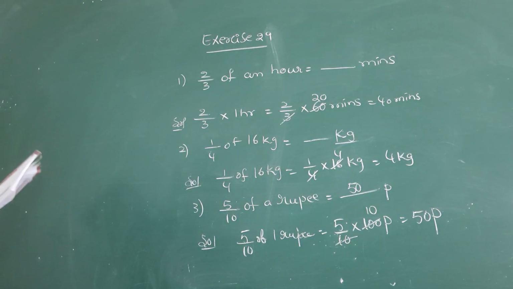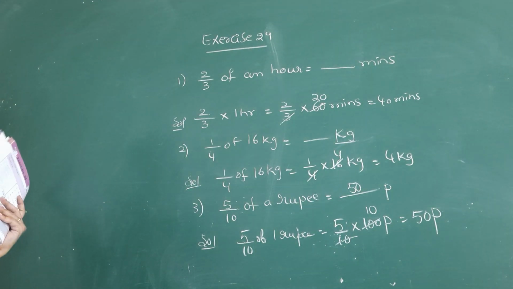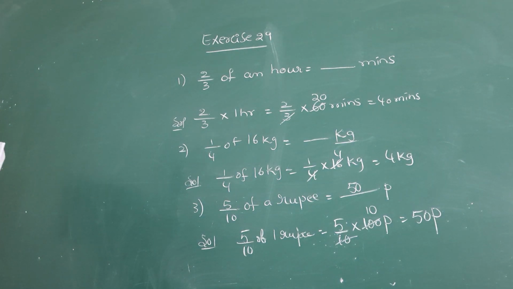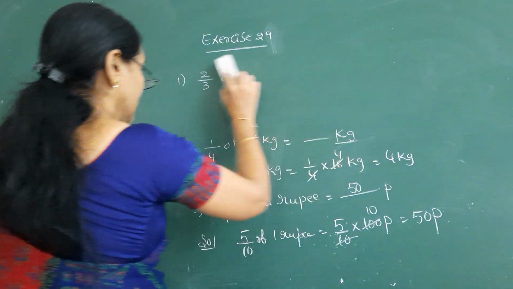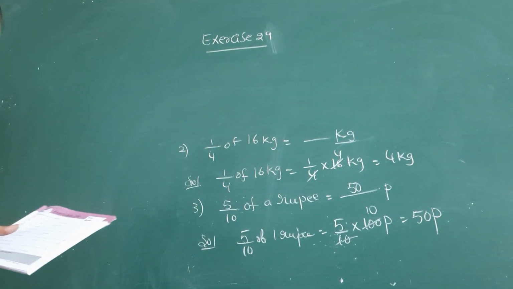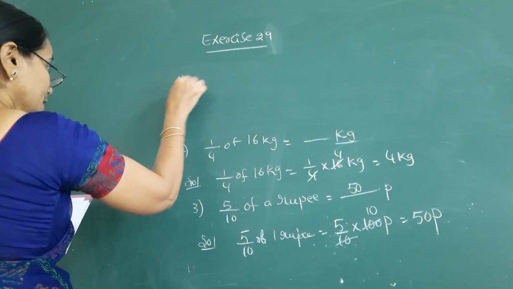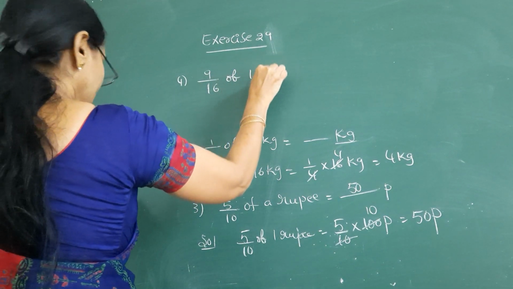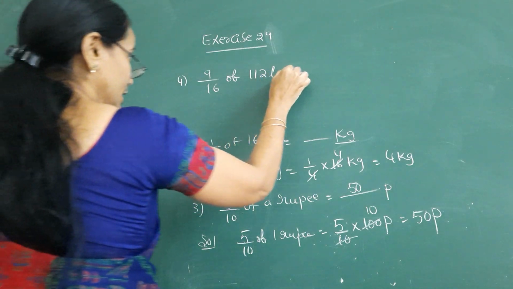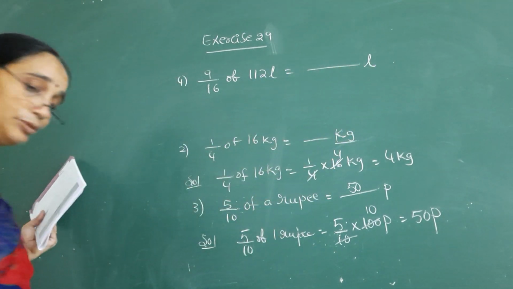Okay, na? You have to read the question properly and understand the question. After that you have to do the problem. So see in which unit they are asking the answer. Okay, now see the next, fourth question. 9 by 16 of 112 liters. The answer is also in liters, no need to convert any unit.